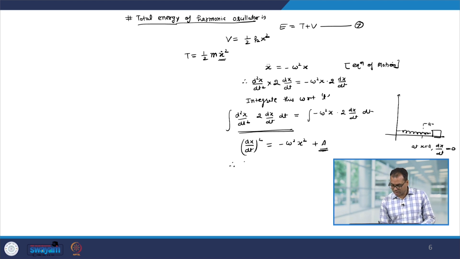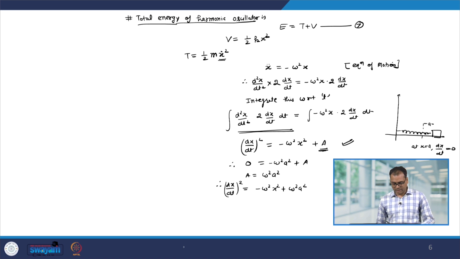So, we have 0, dx by dt is velocity, equal to minus omega square a square plus a, and that gives you a equal to omega square a square. Let us put it back. So, we have dx over dt whole square equal to minus omega square x square plus omega square a square, and this is the velocity square.